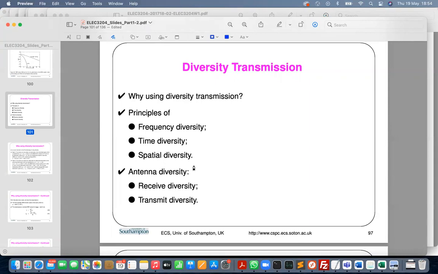And what limits you is that you always assume that fading should be different for these 2 resources. For example, for 2 antennas, fading should be different, so the antennas should be placed as far away as possible. Also, you need synchronization, and you need enough resources to achieve your aimed diversity order.